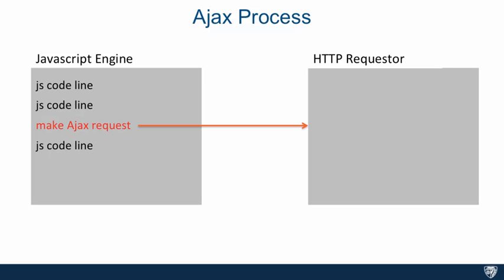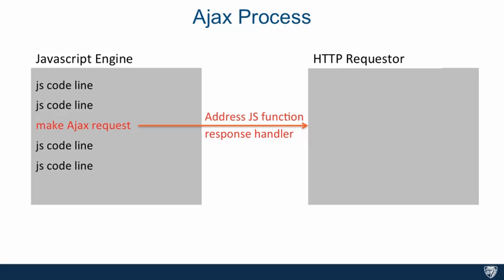Instead, when we make the actual Ajax request and reach out to this HTTP requester component, along with our request, we pass in an address of a JavaScript function that is going to serve as the response handler for when the response from the other server or this HTTP requester comes back. However, meanwhile, we continue on our merry way, and the JavaScript engine keeps executing one line at a time.